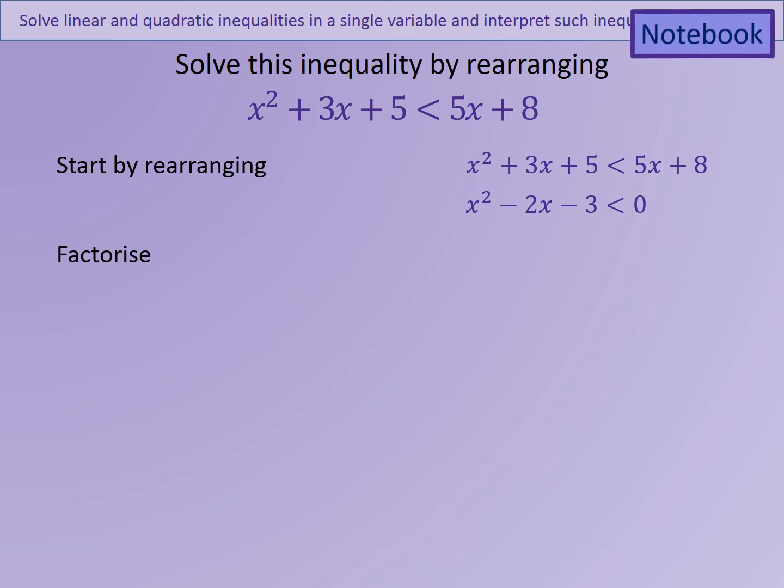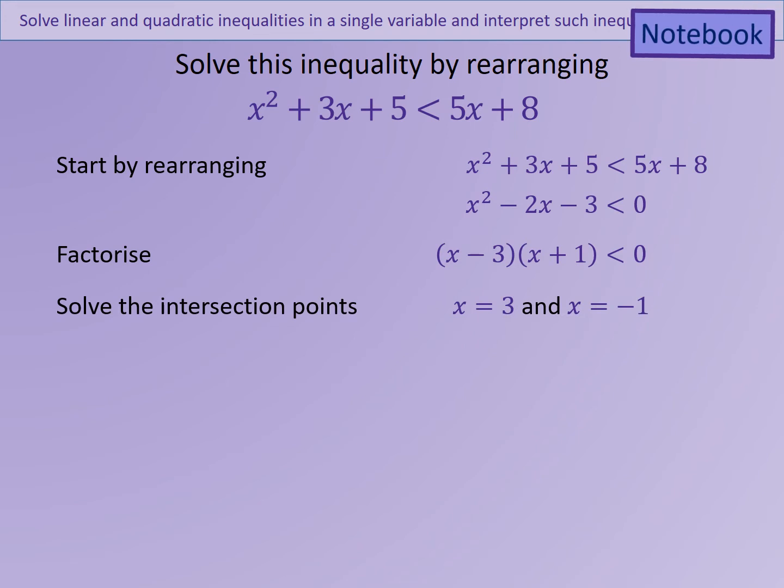But the way that I'm now going to solve this inequality is exactly the same as I did on the previous slide. So I need to find, first of all, some points of intersection with the x-axis, the 0. So I'm going to do that by factorising, and that gives me x values of -1 and 3, or 3 and -1, depending on how you look at the two brackets. So here they are, 3 and -1.